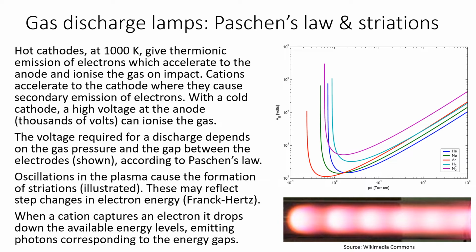It can cascade down several steps, and with each little step, there can be a frequency of light associated with it. And that's why when you look at the emission spectra out of these lamps, you see loads and loads of lines. As the electrons are relaxing back to the ground state in the atoms, they're dropping down all sorts of different energy levels in lots of different atoms. And so when you put them all on top of each other, you get really quite a large number of frequencies usually.